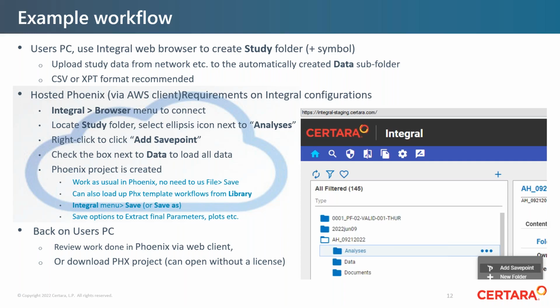We'll look at the AWS client, start that up, go into Phoenix, have a look at bringing data down from the Integral repository with this Integral browser plugin, load the data, perform a simple analysis, save that all back to Integral, and then at the end, we'll come back to my local PC, the user's PC, and we can review that work done in things like a web client, or we can even download a Phoenix project if you want to.